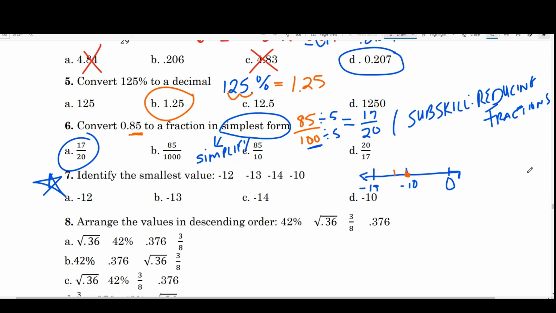I know that we would have -12, and then it would be -13, and then -14. Uh-oh. Let me redo this so I can see.